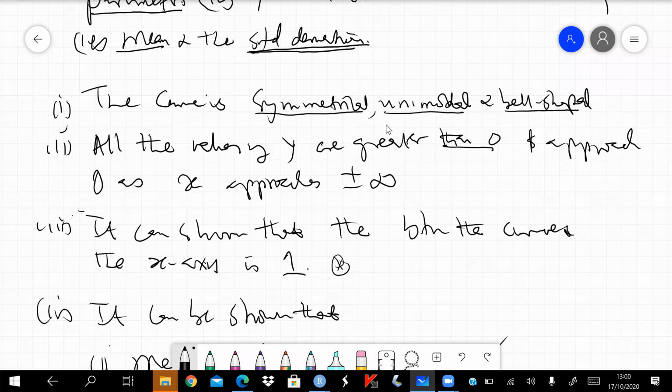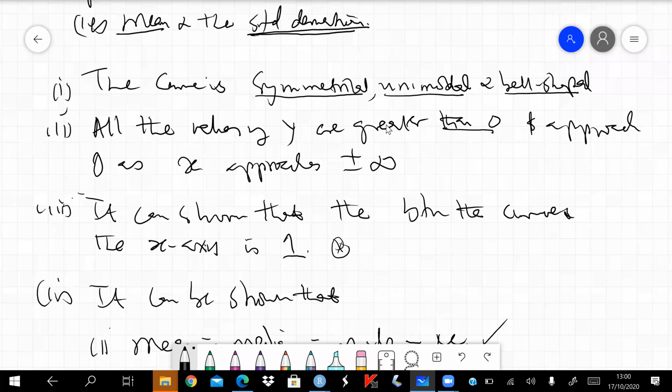The second property is that all the values of y are greater than zero, and they approach zero as x approaches infinity. If you sketch the curve, this is your x-axis, then we have some vertical axis, that's your y-axis. This curve is your y as a function of x.